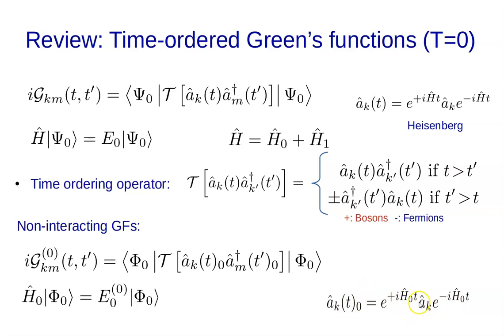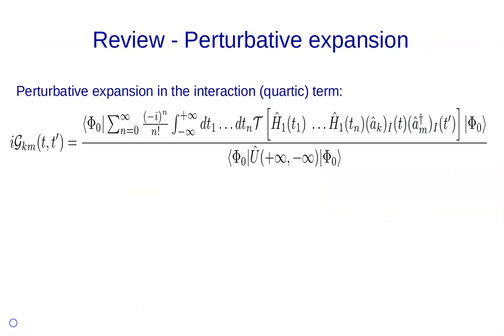This is natural in the interaction picture, which is why we're going to switch to the interaction picture to write this perturbation series. This is an object that we can in principle calculate. So the idea is to expand the object that we might not know how to calculate exactly. We don't know what the ground state of H is, even though we might have an idea what the ground state of H naught is, so we'll be able to write this in terms of these. So let's move on.